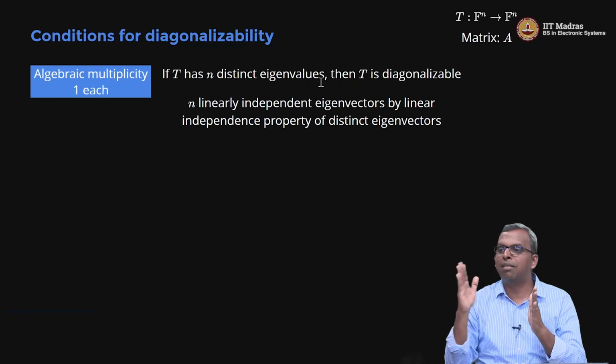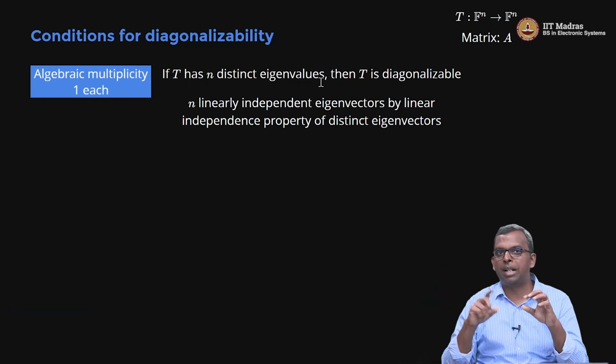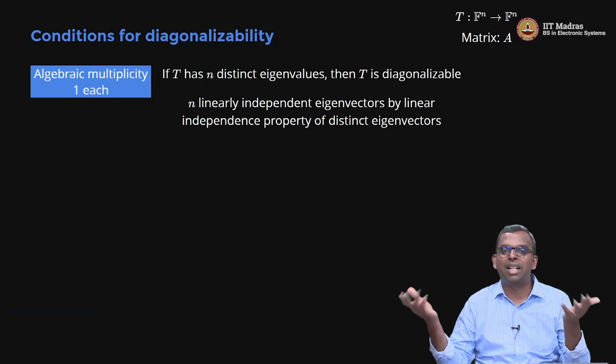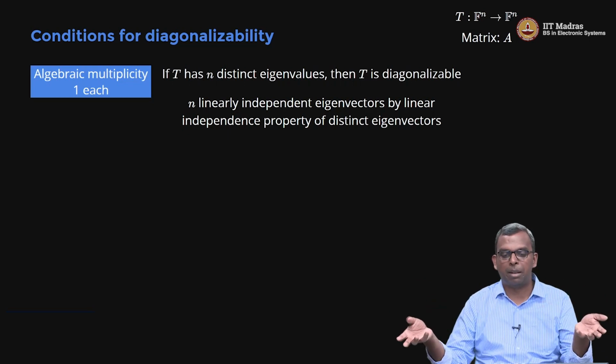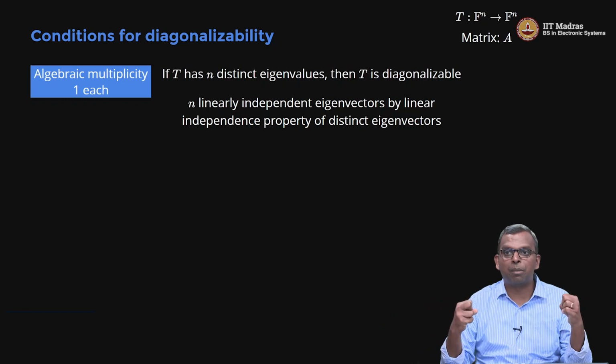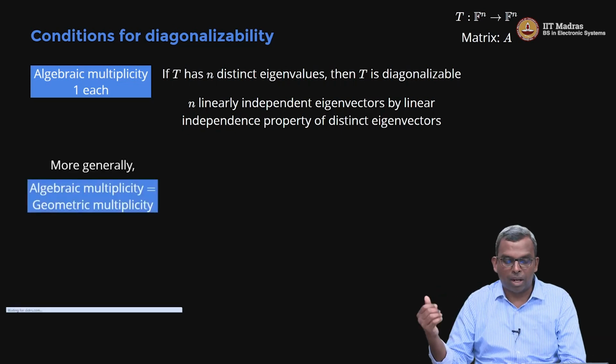If you do determinant of A minus lambda I and find n distinct roots, then it is automatically diagonalizable, because the eigenvectors corresponding to each of those will be linearly independent. So, if algebraic multiplicity is never more than 1, then the operator is diagonalizable. Nice and simple fact.